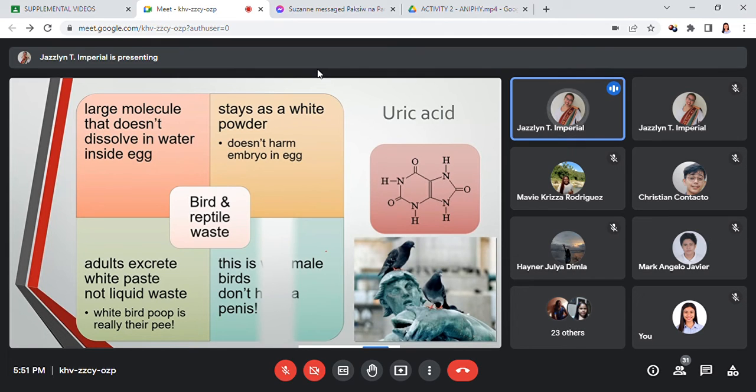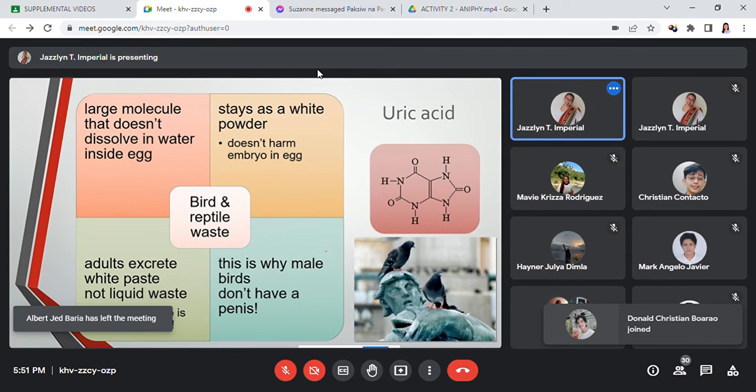So yun po, nakikita nyo yung mga statue. If you've been to Barcelona, Spain, or if you have been to Sorsogon City, park ni Nederman, ang daming pigeons, you will see yung mga rebulto doon, tapos yung mga baba, ang daming white stain. That is actually bird pee. Okay? If it's black or brown, it's bird poop. Okay? So male birds do not have a penis. Di ba?